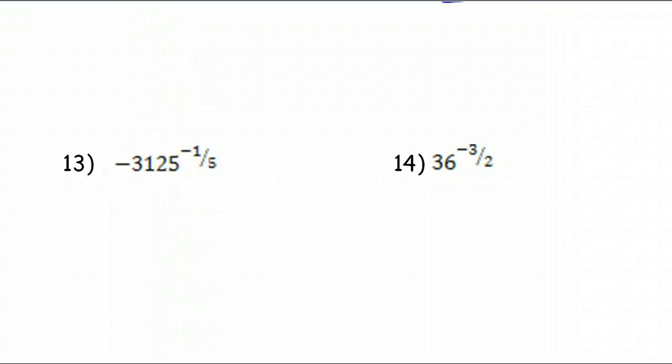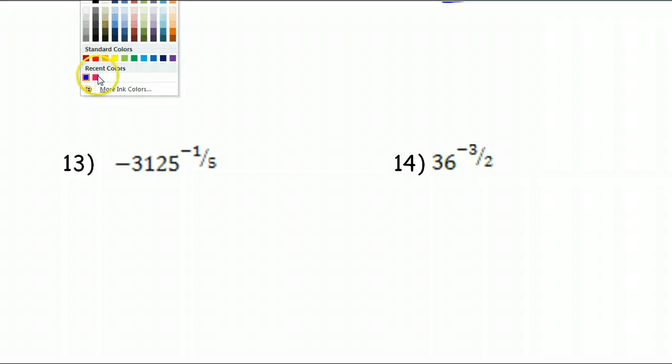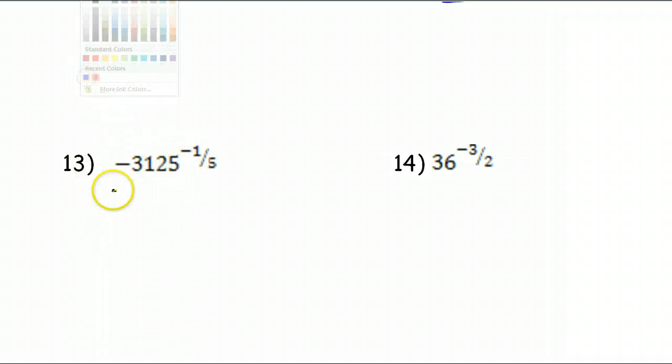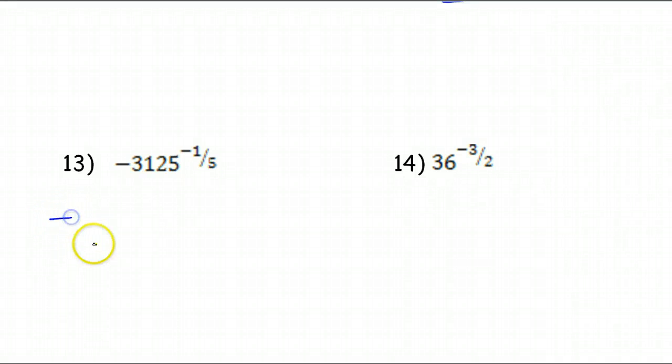One more thing though: there are no parentheses, so this negative sign is just going to sit out front. Nothing's going to happen to it. It'll be there the entire problem until the end. So just focus on the 3,125.